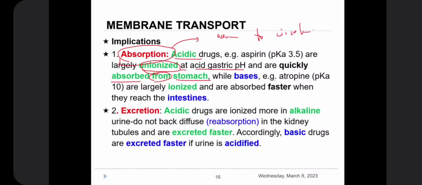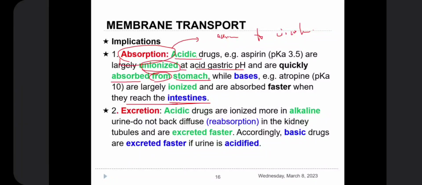While the base drugs are largely ionized in the acid environment, so they have, I think, slower absorption in the stomach, but a very good absorption in the intestine. Okay, this is how pH influences different drugs' diffusion.